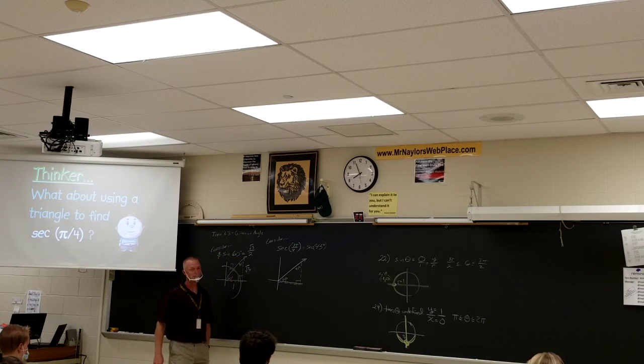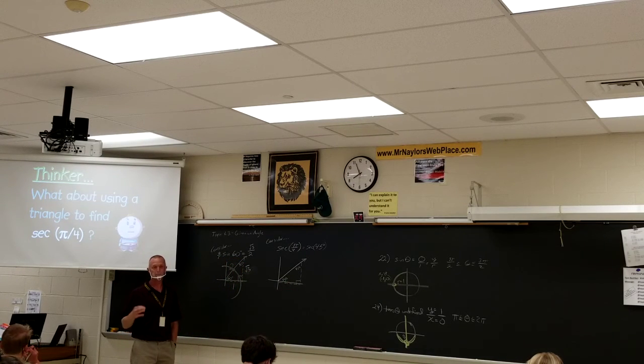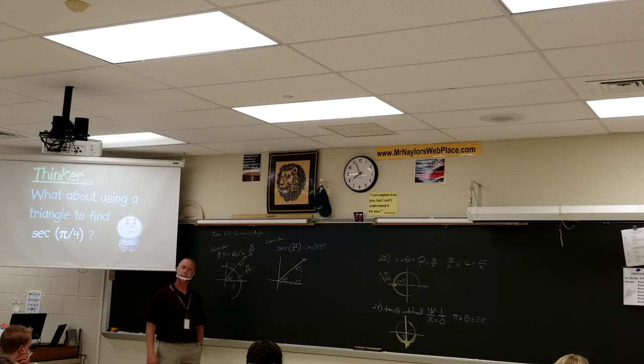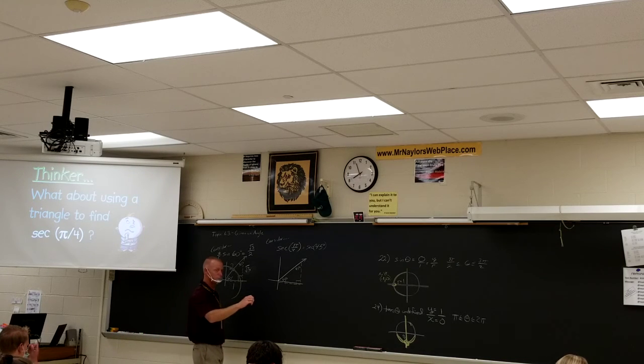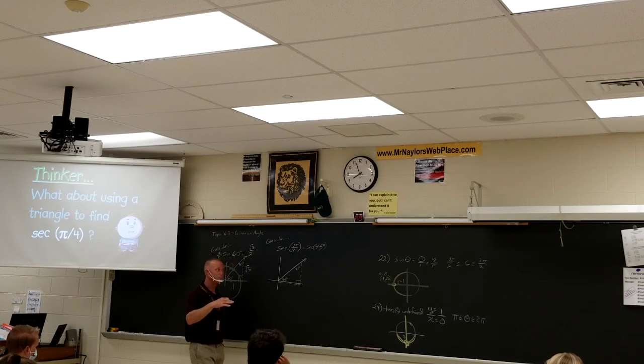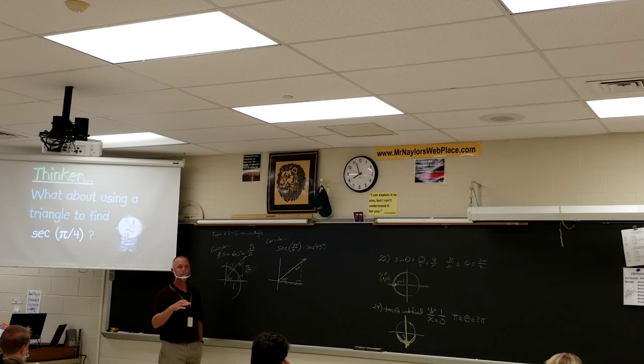So what do you know about the sides of a 45, 45, 90? Julia? Good. Now, some of this goes back to prior knowledge, but if the sides are going to be the same, what value would you like to give them? Pick an easy value.